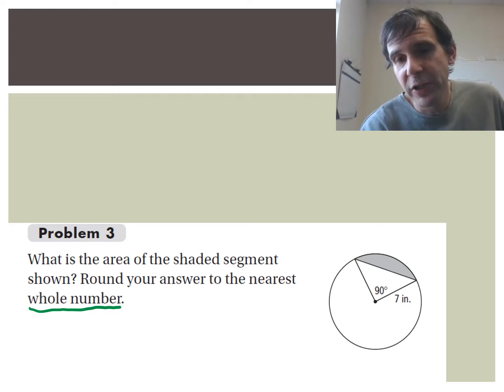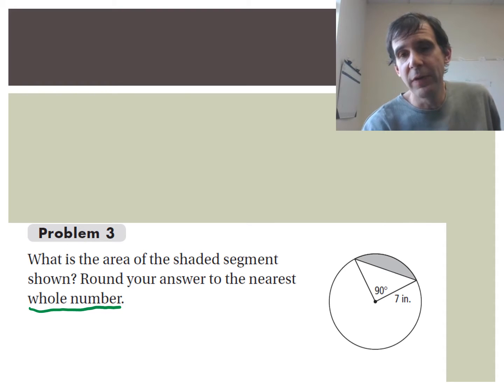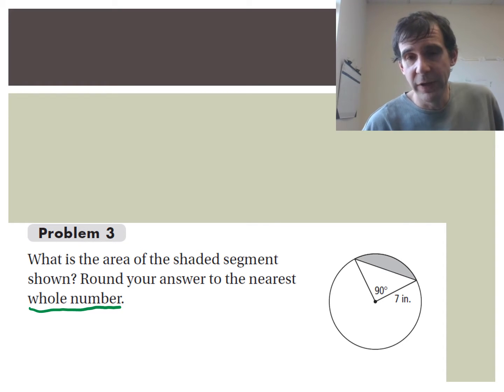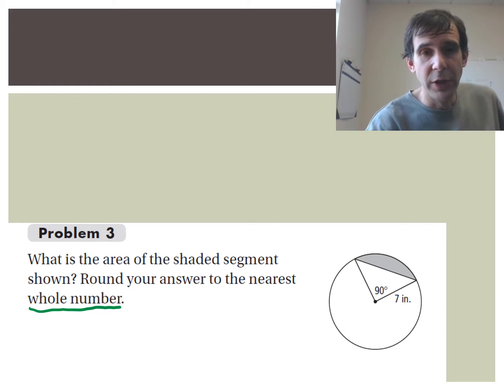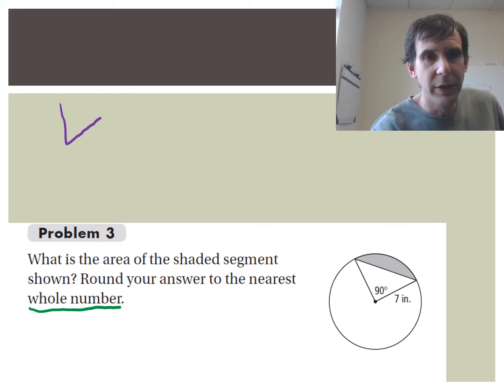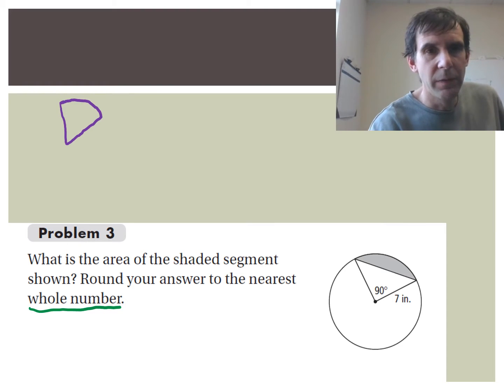So here's our shaded segment here in gray. So we've got a 90-degree central angle. So now we've got a sector formed by a 90-degree angle with a radius of 7 inches. So first we want to find the area of the sector. So I'll draw my little piece of pie here. We want to find that area.